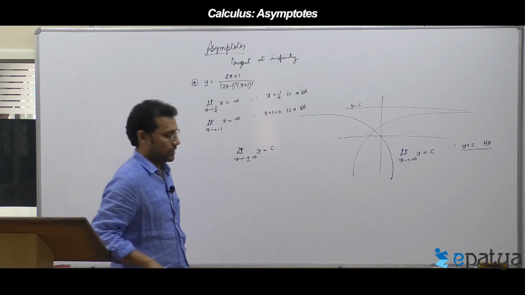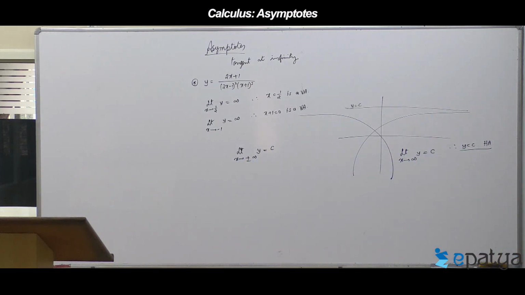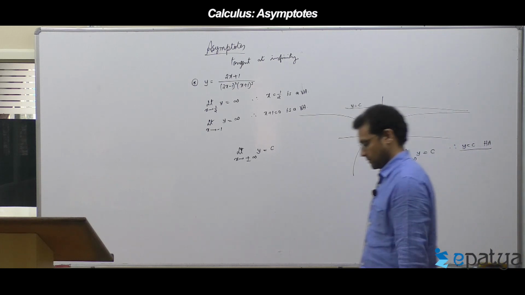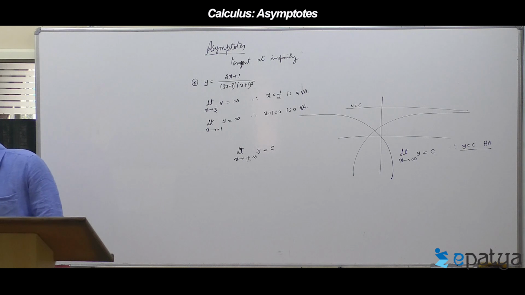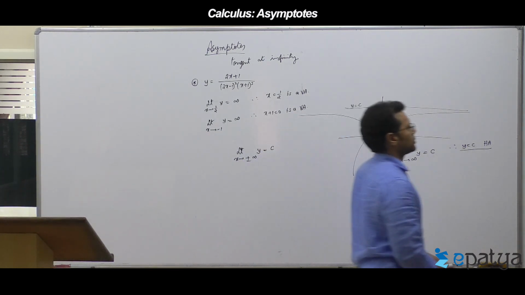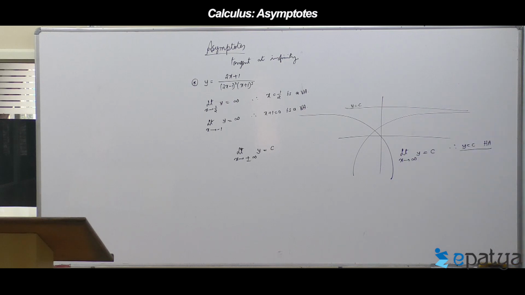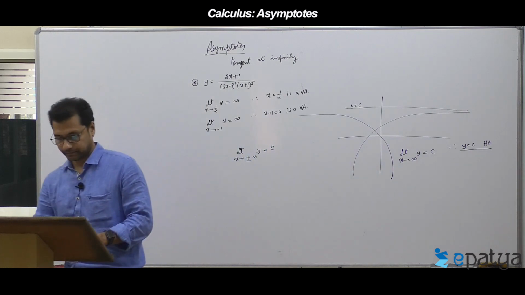Note. Equating to 0 the coefficient of highest power of x in an algebraic equation gives horizontal asymptotes.